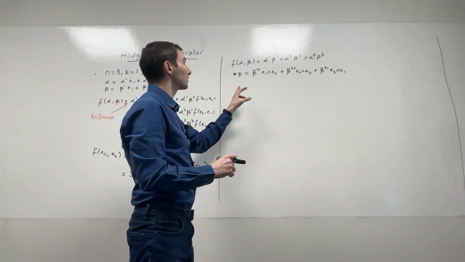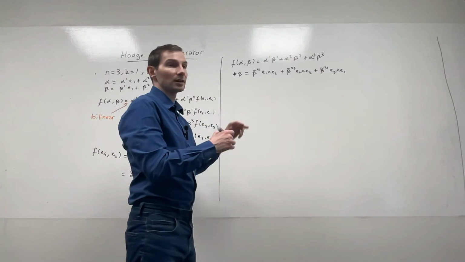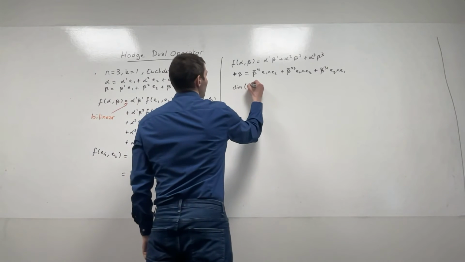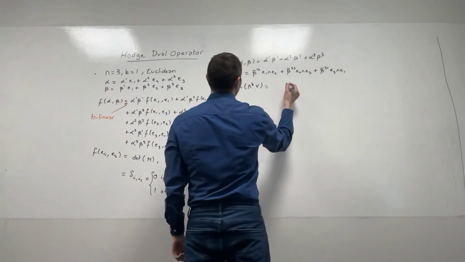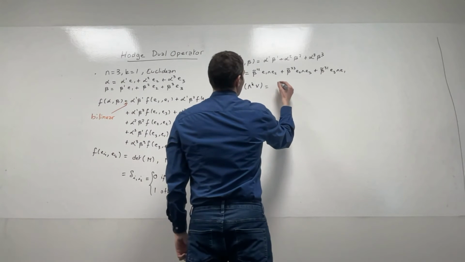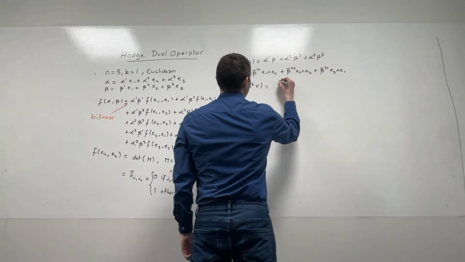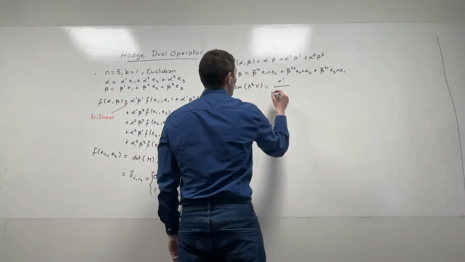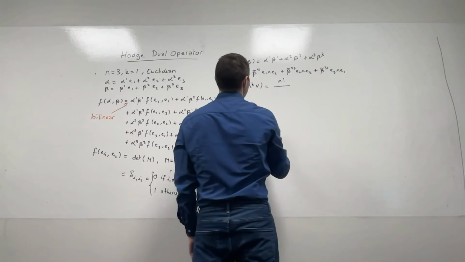Yes, because if you look at the vector space lambda K of V, the dimension of lambda K of V is going to be equal to n factorial divided by n minus K factorial times K factorial, where V is an n-dimensional space.